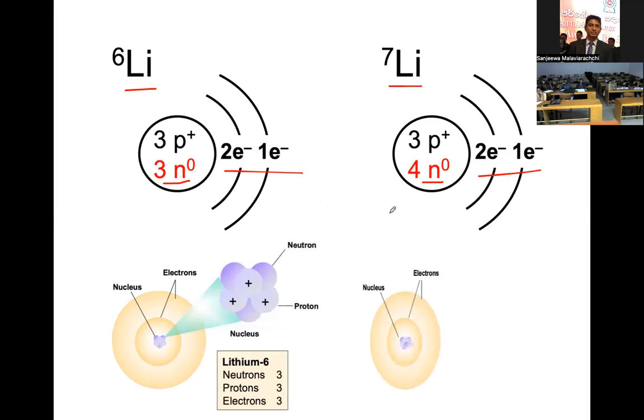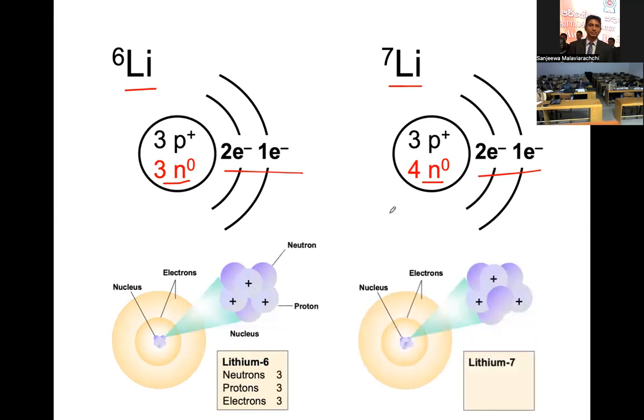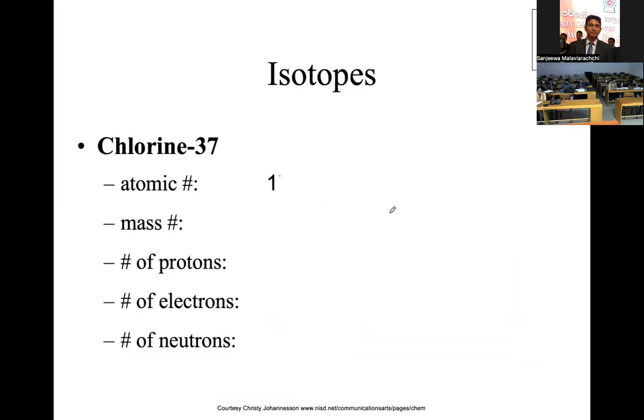So again, the same thing. You have this difference. Okay, so we have chlorine. Again, chlorine-37 is an isotope. Mass is 37.